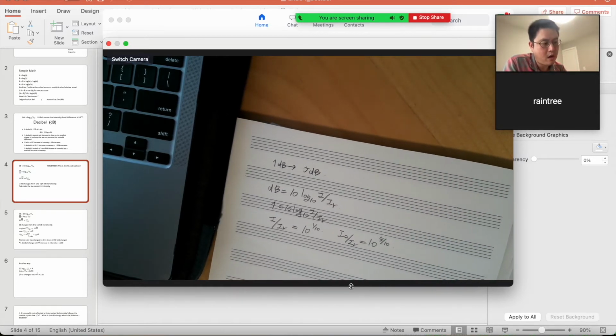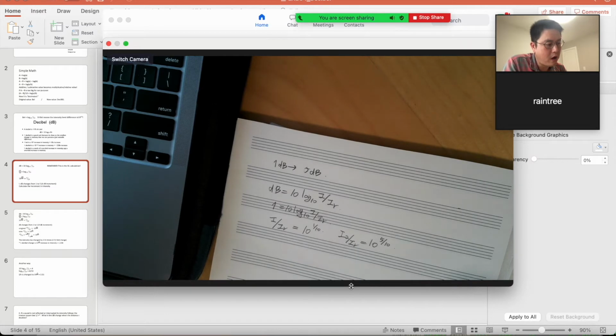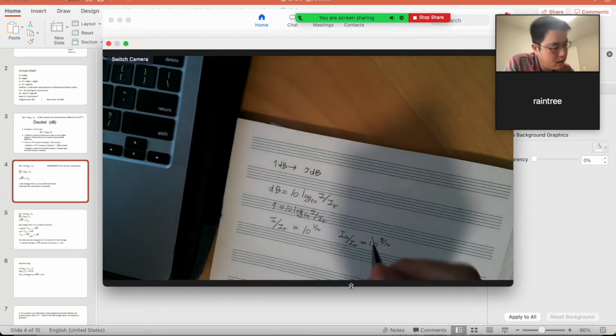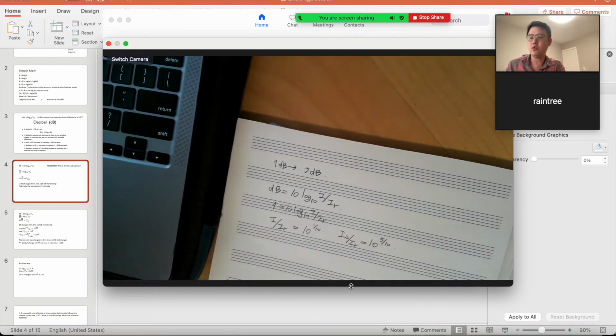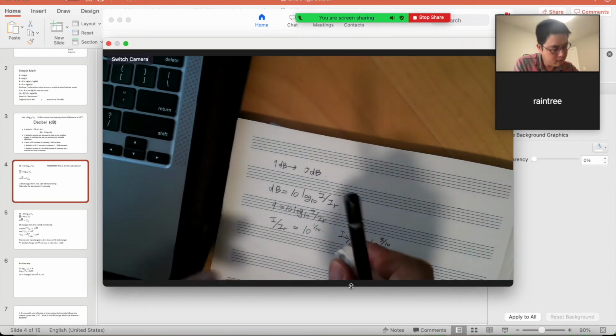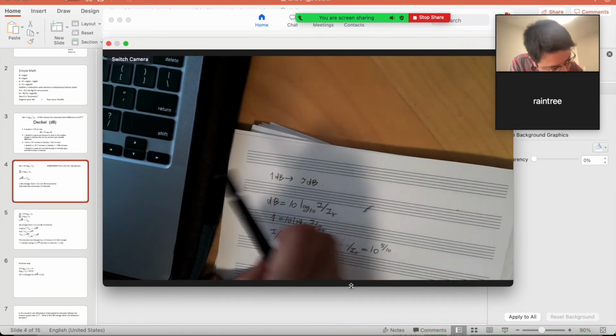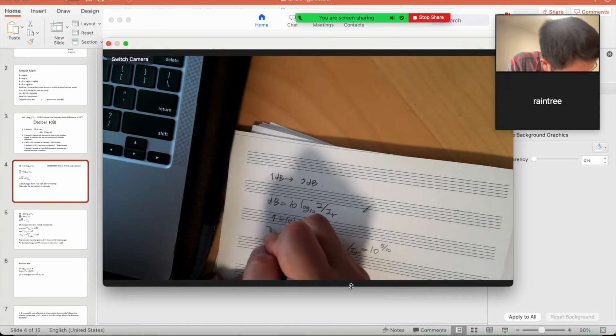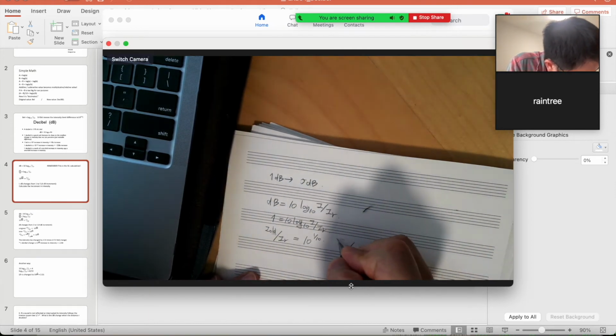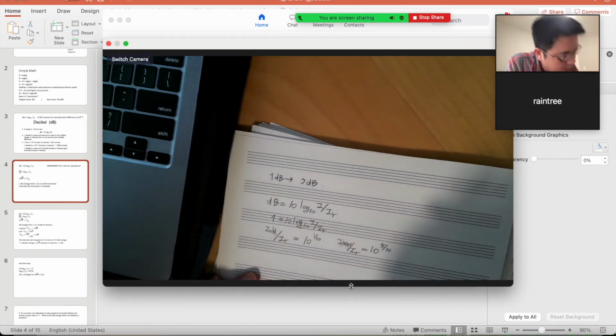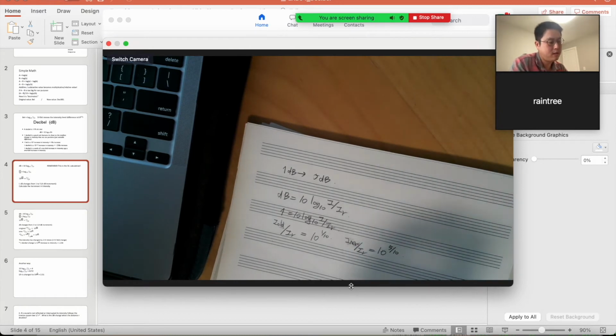So what would be the sound intensity level difference between our new I and the old I? Let's write new I and then old I. So let's calculate that.